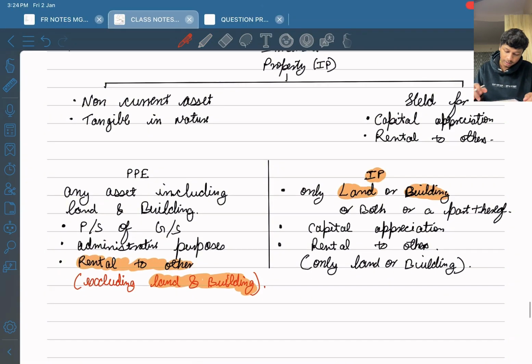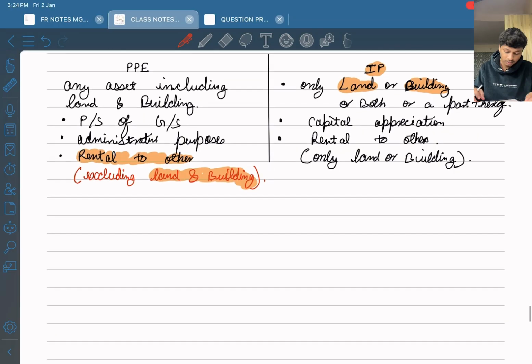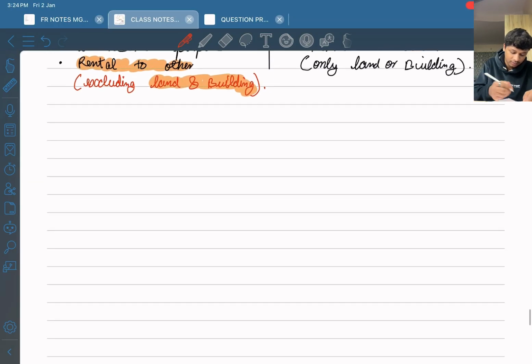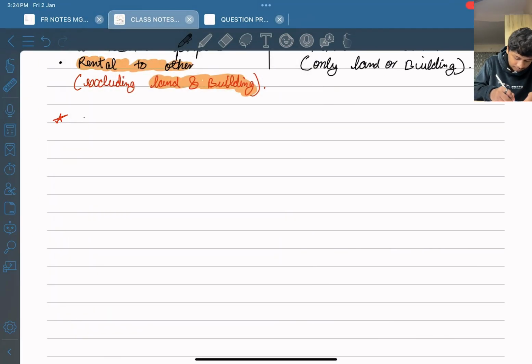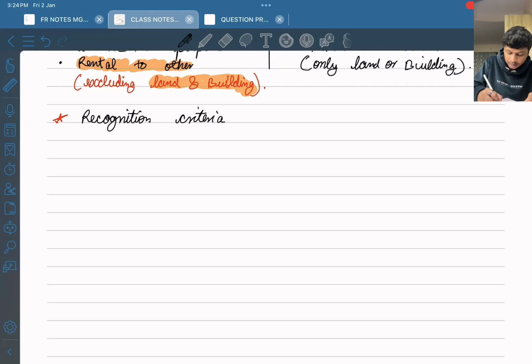Okay, now moving on, the definition we have covered. Now moving on to the recognition criteria. It is the same as PPE. What is the recognition criteria for PPE?